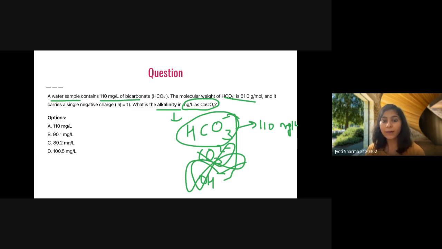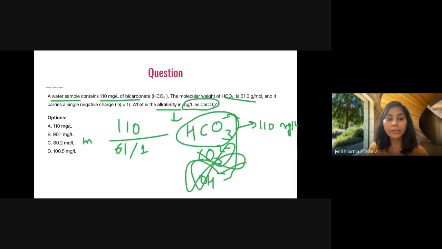We have the value 110 in mg per liter. We have to divide it by the molecular weight, which is 61, and divide by the charge, which is 1. This is how we get milli equivalent per liter.